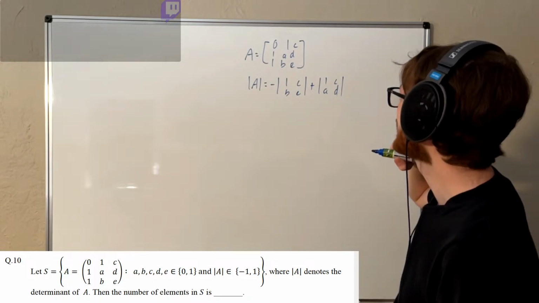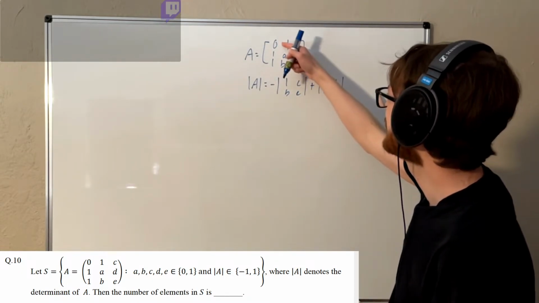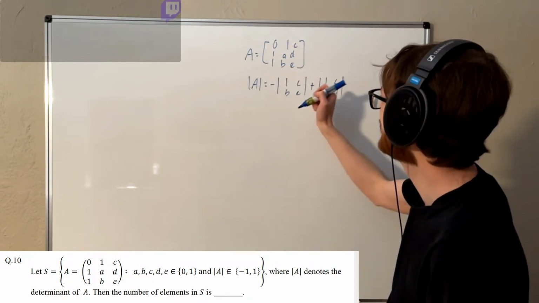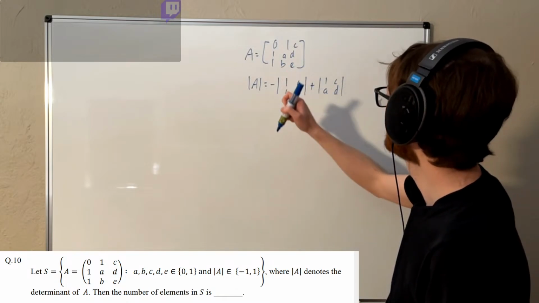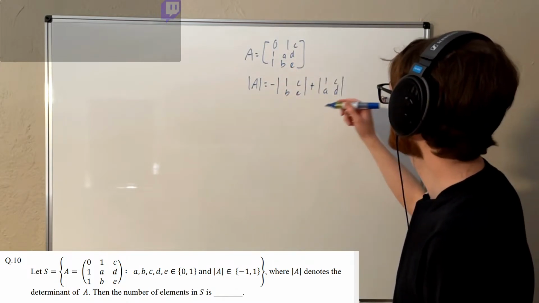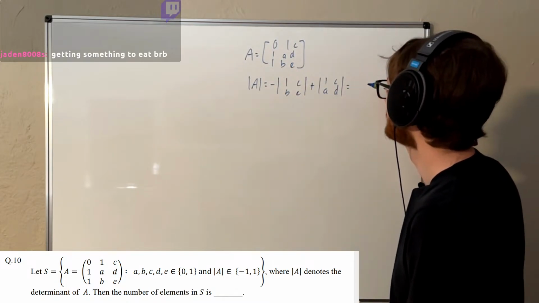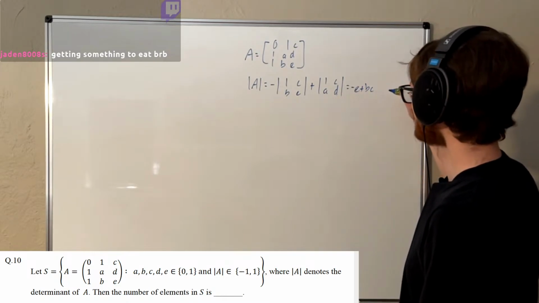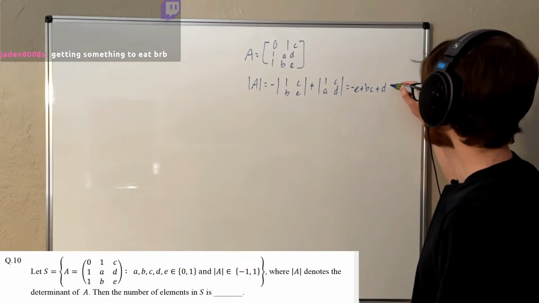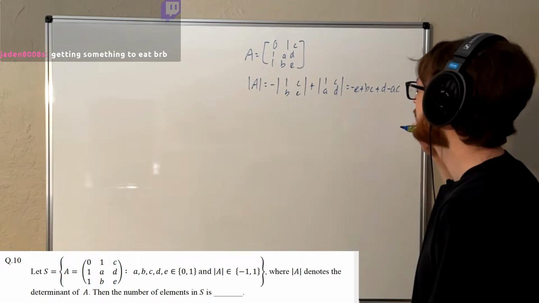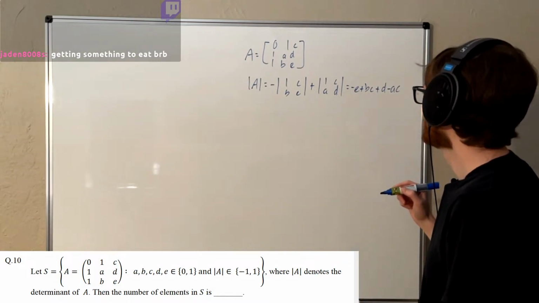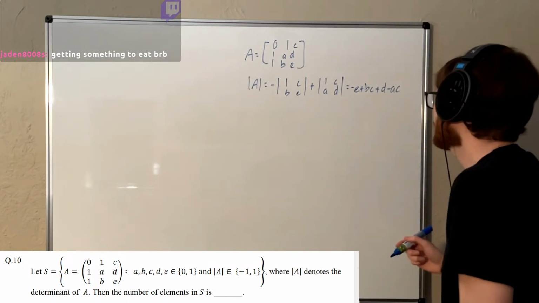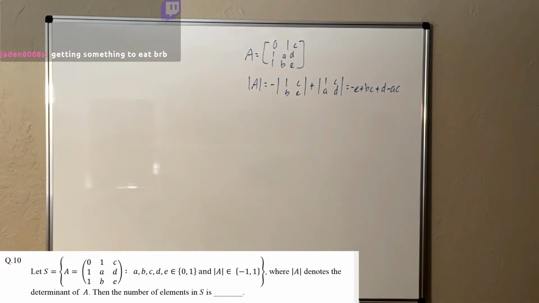I'm getting my signs right. The first one is 0, so we don't care about that one. 1C, B, E. Okay, I think this is right. Plus D minus AC. Okay. So that's the determinant in terms of A, B, C, D, and E.